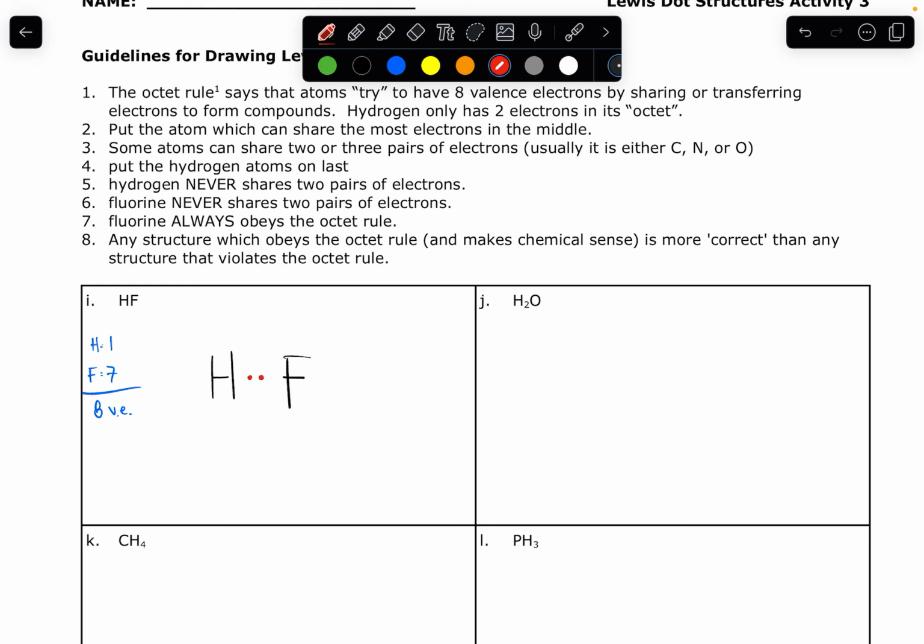We have that there between the hydrogen and fluorine. This uses 2 of our valence electrons, which means we have 6 more remaining. Do I want to put them around hydrogen, or do I want to put the 6 remaining electrons around fluorine? Hopefully you said fluorine because hydrogen does not need an octet.